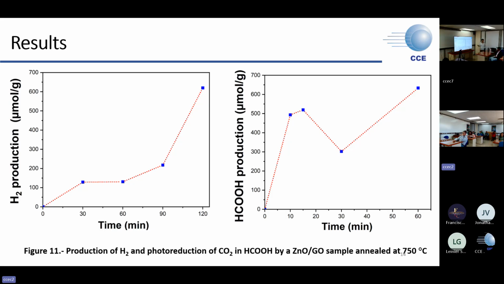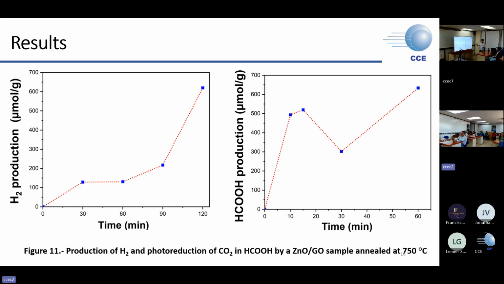because we need another co-catalyst, or to form a heterostructure, for example with copper oxide, a P-type material, or maybe ruthenium, platinum.